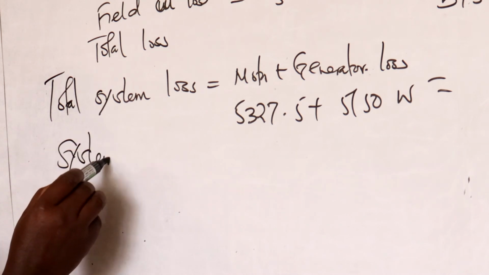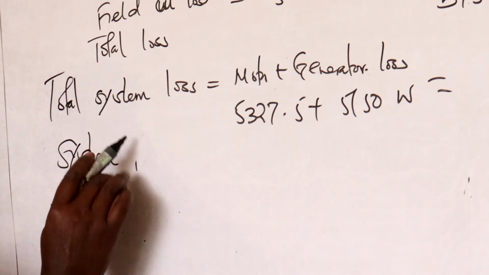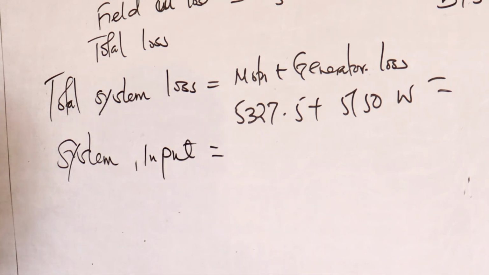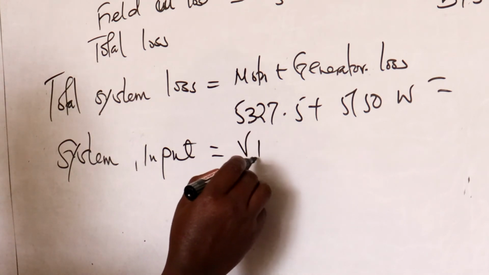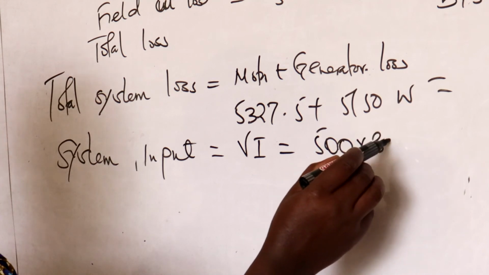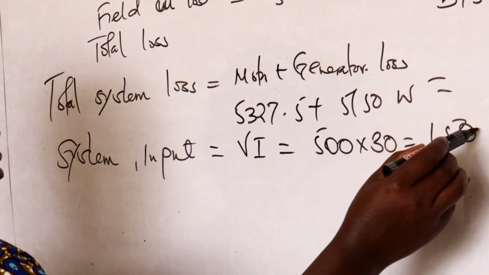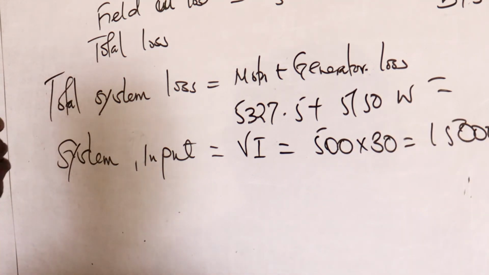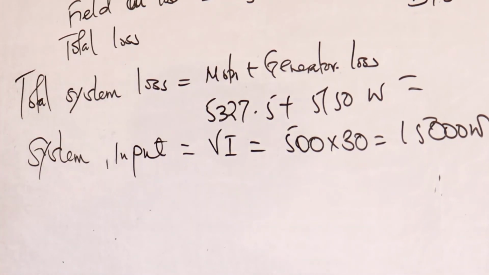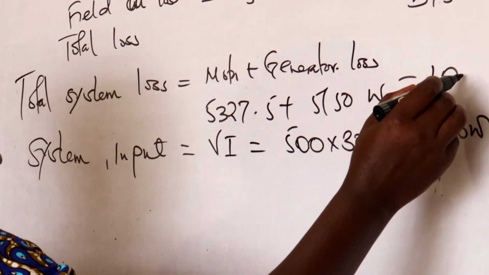System input. Look at the diagram. What is the system input? The VI is 500 times 30, which is 15,000. Add the losses. You get 10,477.5.